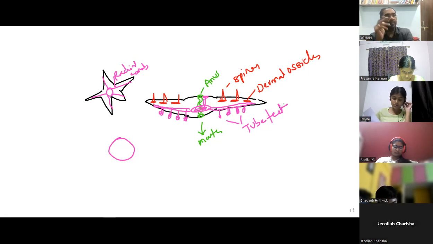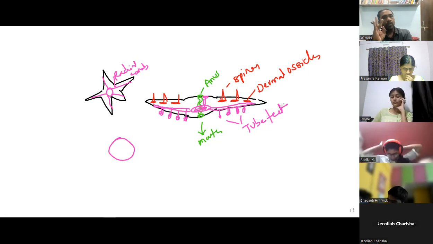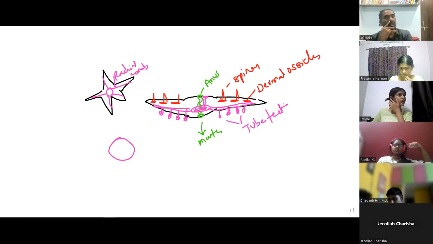I'll repeat once again. Spiny skinned animals, exclusively marine, organ system level, triploblastic, bilaterally symmetrical in larva, but adults are pentaradial or radial, coelomates. They have dermal calcium carbonate plates called ossicles. They give rise to spines, the name given as echinodermata.